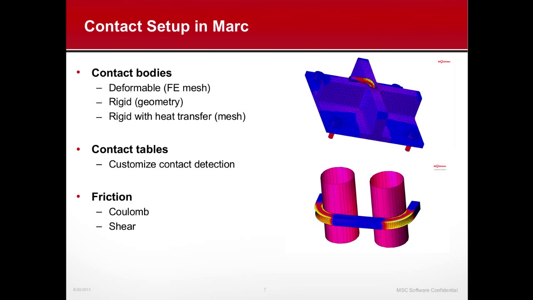In all these scenarios, you may want to customize. You may want to specify the properties between pairs and also specify how the contact is being checked. So for these situations, you can use a contact table to customize the properties and the contact detection, and this provides much more flexibility in terms of the contact setup.